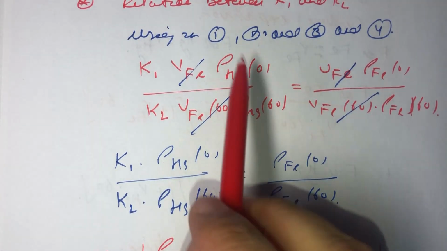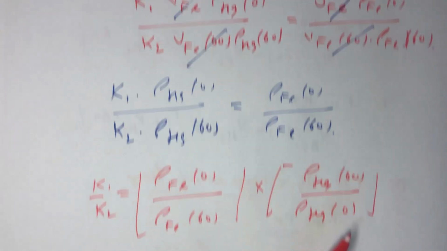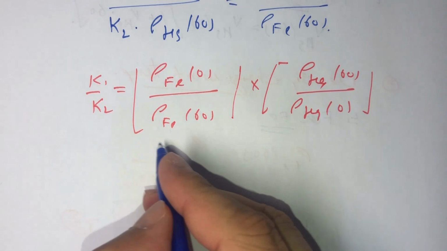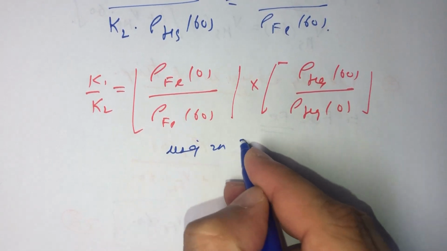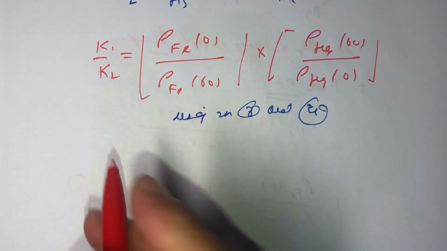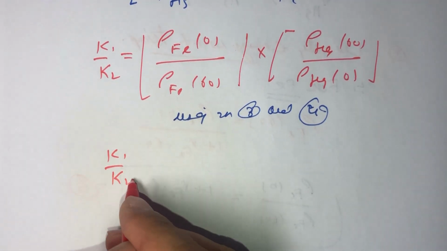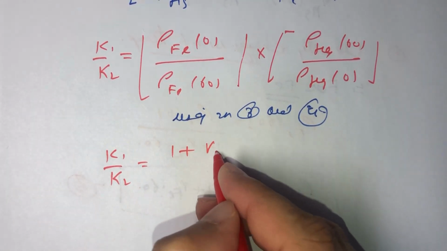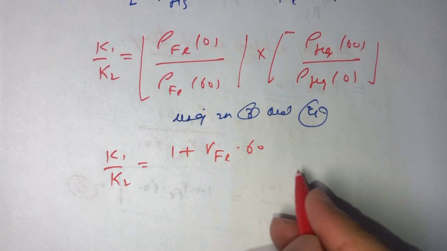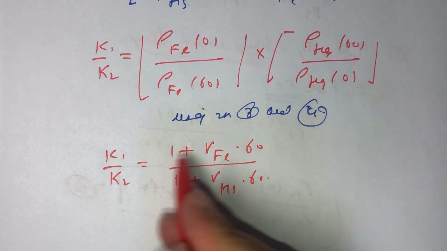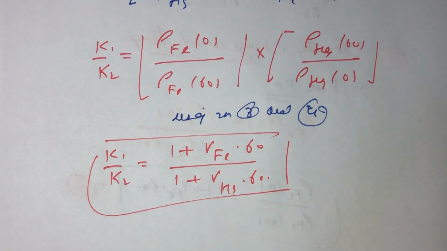So like I said, using equations 1, 2, 3 and 4, here using equations 3 and 4, we can write that K1 upon K2 is equal to 1 plus gamma Fe multiplied by 60 divided by 1 plus gamma Hg multiplied by 60. So this is the ratio of K1 and K2.